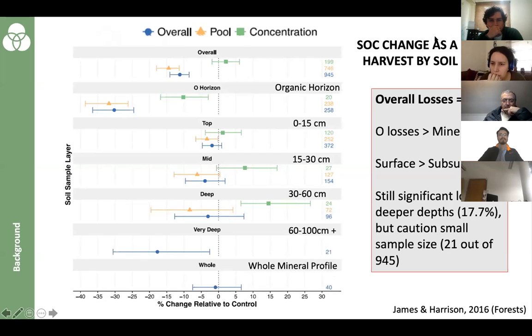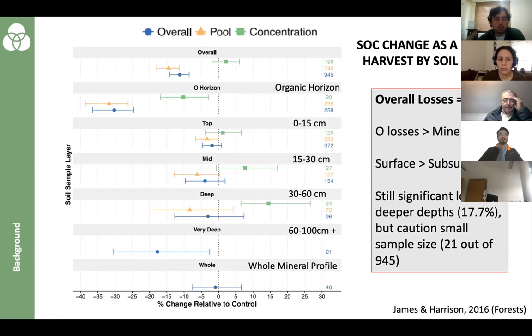So in this other review, we see that the overall losses of soil carbon from logging, just from logging, are around 11.2% of change. Yeah, most of the losses occur in the organic horizons. However, there are also losses in the mineral soil.